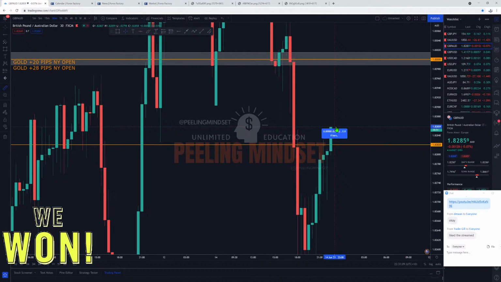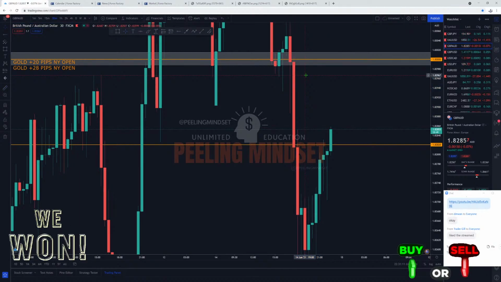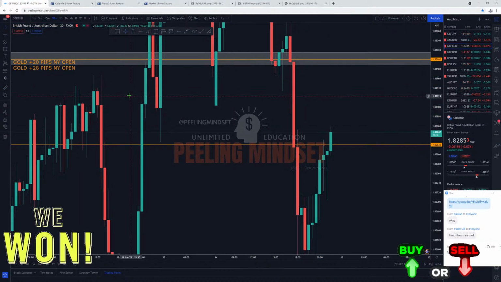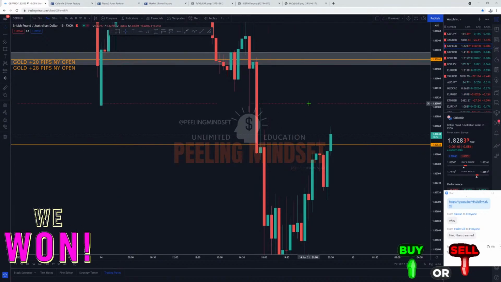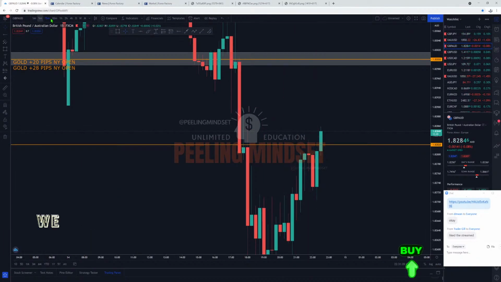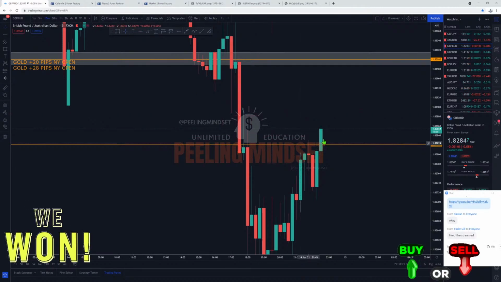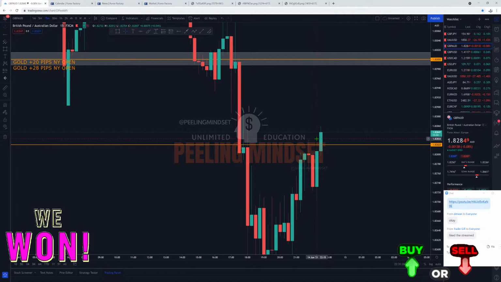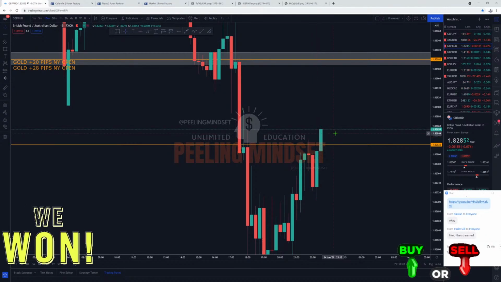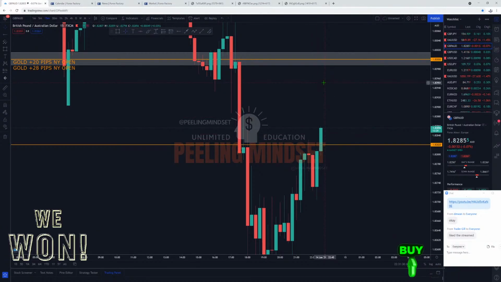Pound AUD is going to definitely move up, man. Definitely missed out on pound AUD here, but looks like it's going to push up. This was an impulsive idea in pound AUD. Whoever took it, beautiful. But yeah, just missed out on it because we took the gold. So anyways.